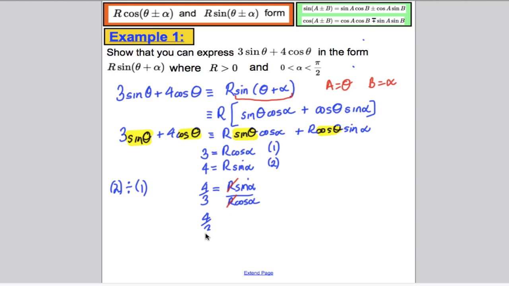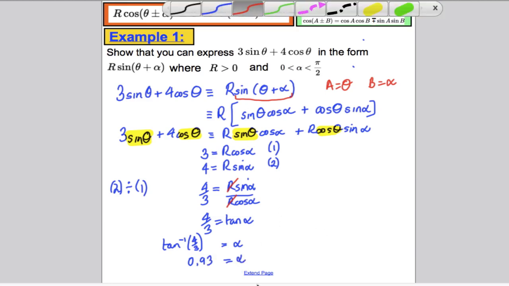So we'd have 4/3 is equal to tan alpha. And now we could find alpha. Alpha must be the inverse tan of 4/3, which if you type in your calculator, keeping your calculator in radians mode, inverse tan of 4/3, you get 0.93 to 2 decimal places. So alpha is 0.93. We have found an alpha.